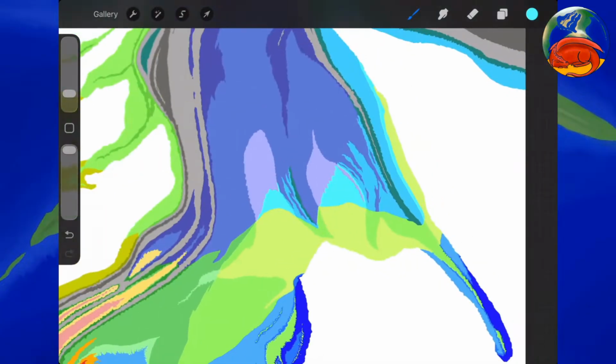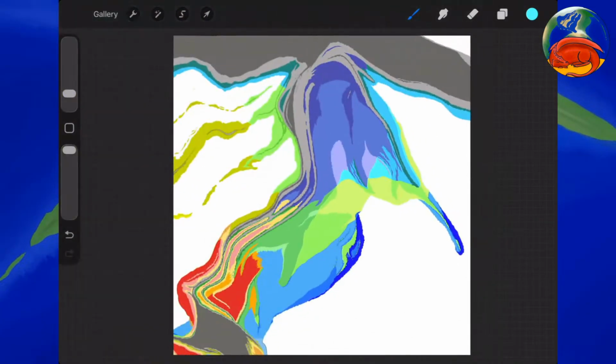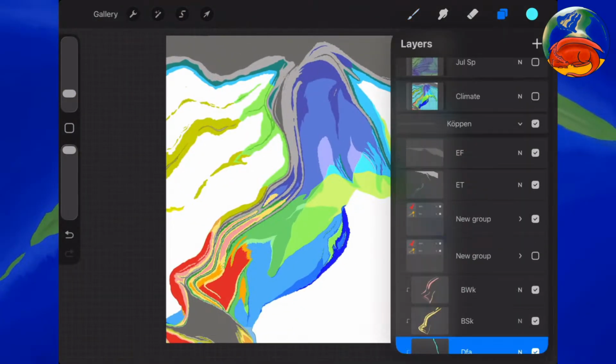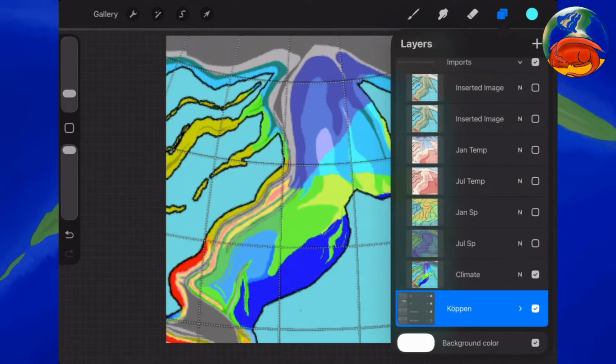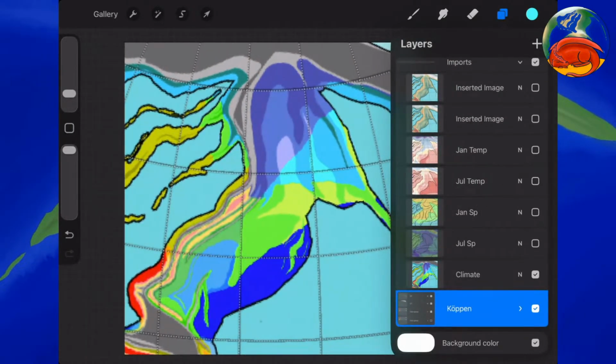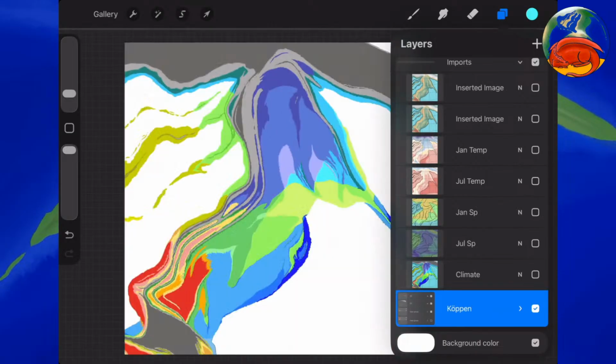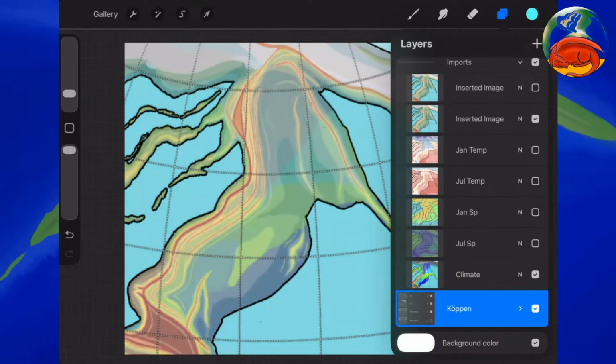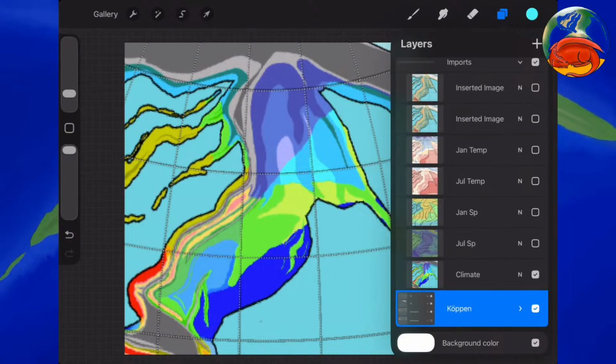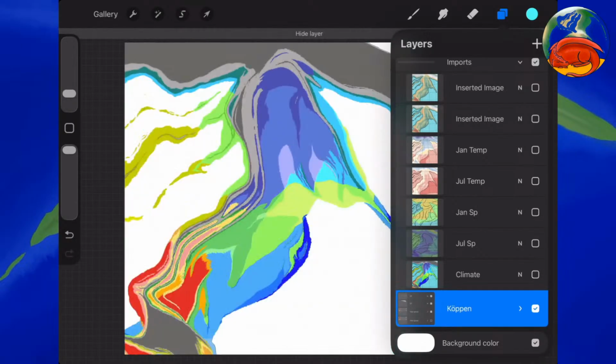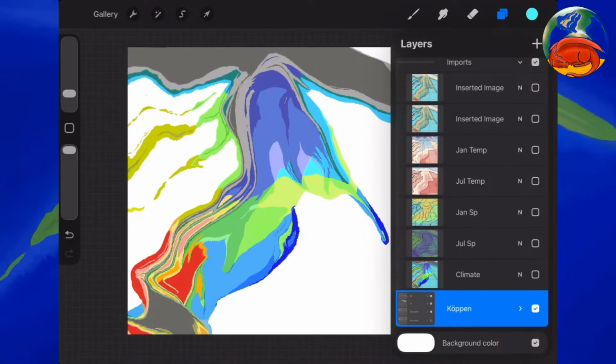There we go, because those black spots were kind of annoying me. And what else? Yeah, we had an expansion of the ET, and that was due to how thin those mountains are. And when you're working at a global level, it's kind of difficult to include all of that detail. So the ET expanded. But yeah, there we go.